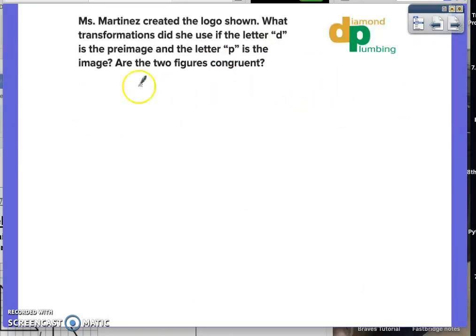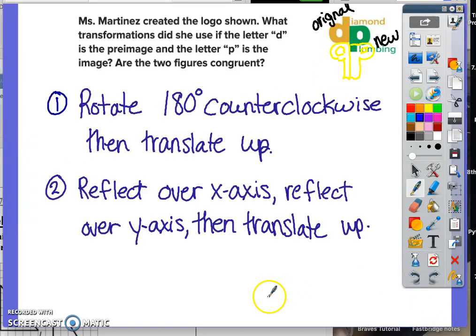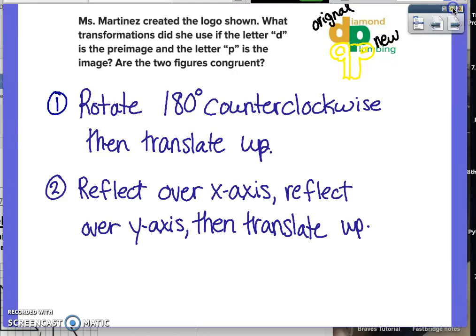Okay, here Ms. Martinez created the logo shown. What transformations did she use if the letter D is the pre-image and the letter P is the image? Well, what would she have to do? First you're going to have to rotate it 180 degrees clockwise, and then you're going to have to translate it up.